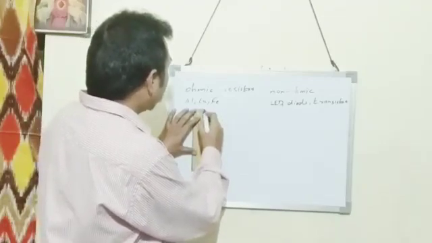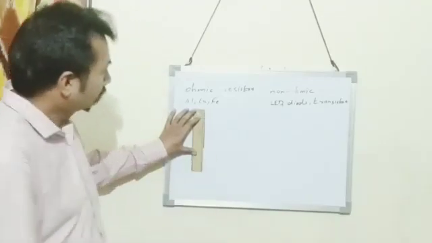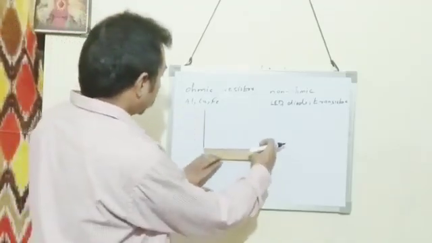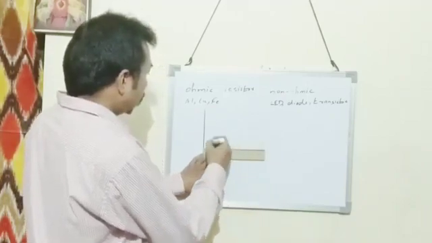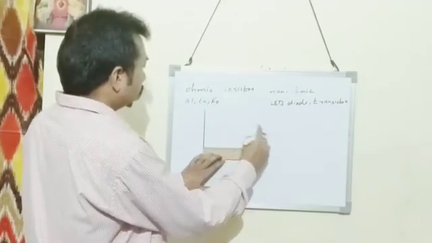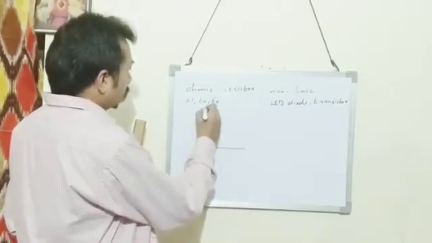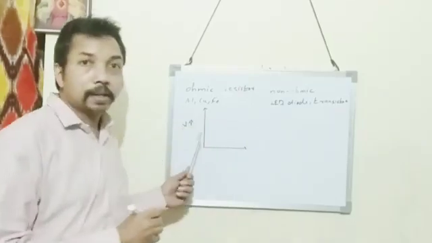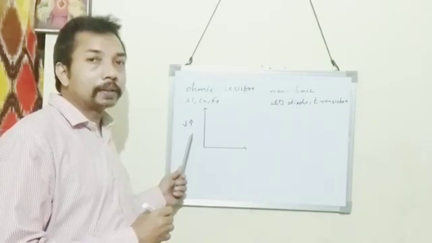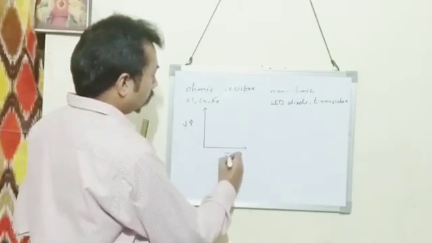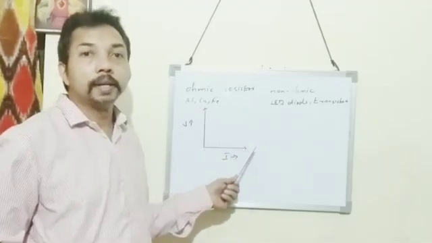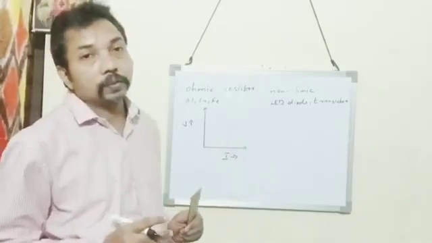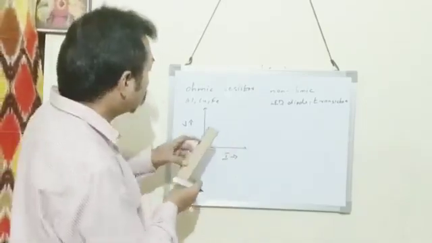Drawing the VI graph by taking V, the potential difference, along the y-axis and I, the current, along the x-axis, how will the graph go?